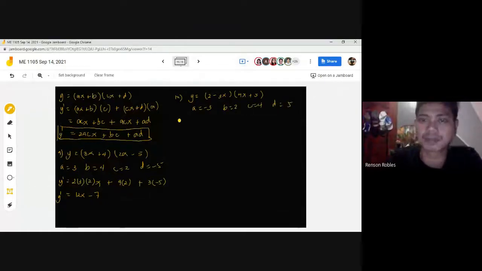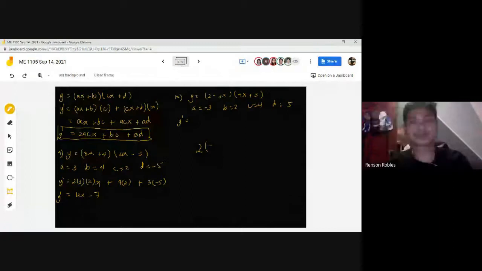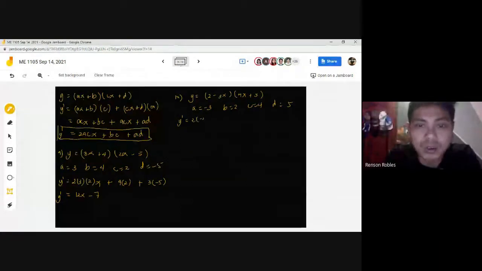Then y prime, 2AC X, so that's negative 24x. 2ACX plus BC plus AD. And then you now have negative 24x plus 8 minus 15. So negative 7 ulit.